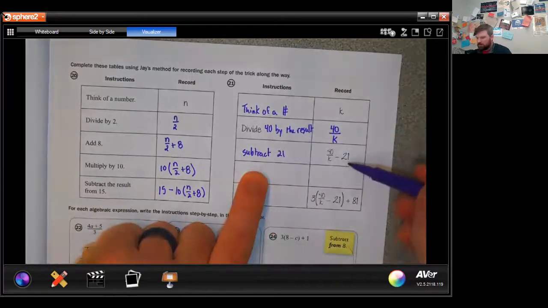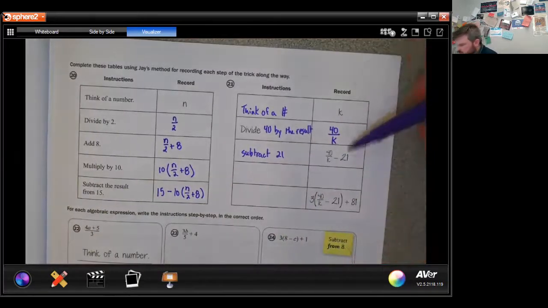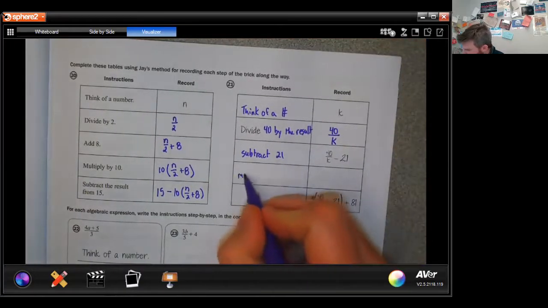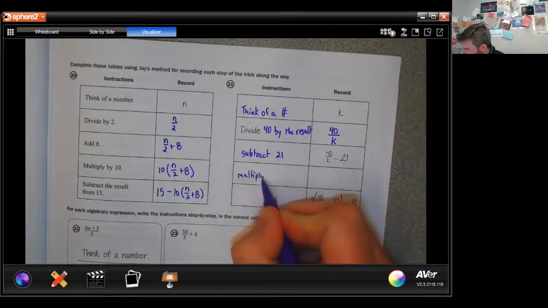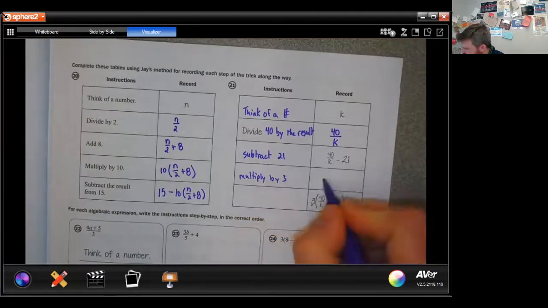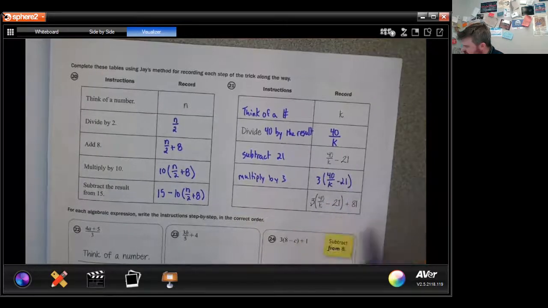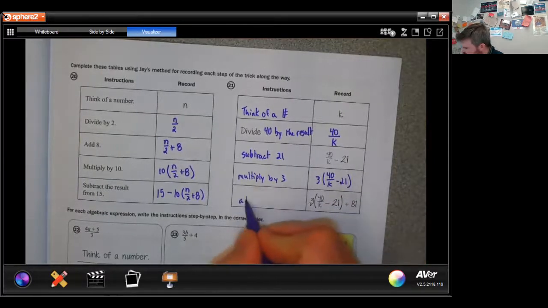Okay, and then from here to here, it looks like we're going to have to multiply by 3. So that's 3 times 40 over K minus 21 in parentheses, and then we add 81.